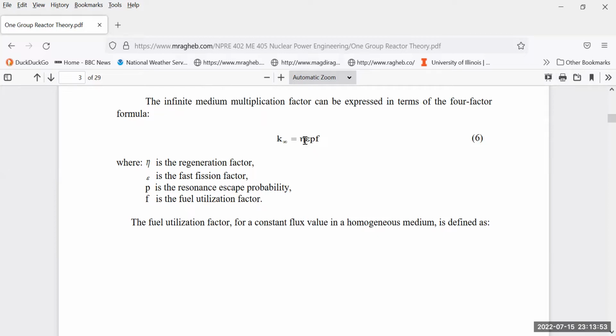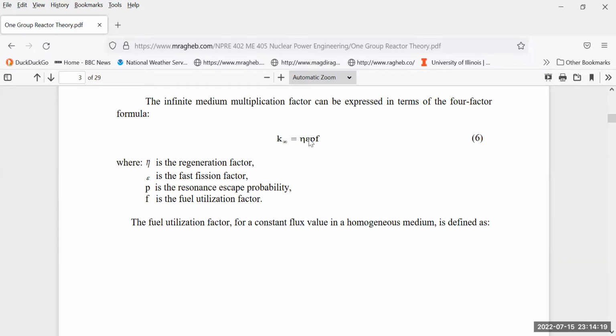The first term here, η, represents the regeneration factor. This is the number of neutrons that are generated from one single fission effect by a neutron absorbed in the fuel. Some neutrons can cause fissions as fast neutrons, even though we are considering primarily thermalized neutrons, neutrons in thermal equilibrium with a moderator medium.